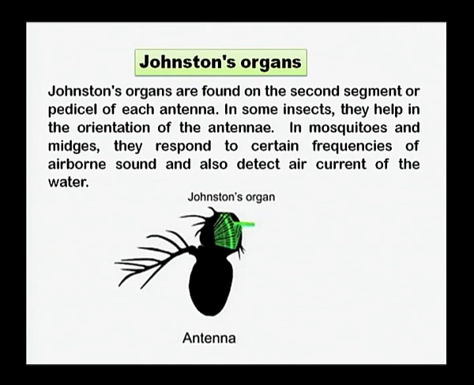If we talk about mosquitoes and midges, these Johnston's organs are very well developed and they respond to certain frequencies of airborne sound and also detect air currents of the water. As we know, the larvae of mosquitoes spend part of their life in the water.